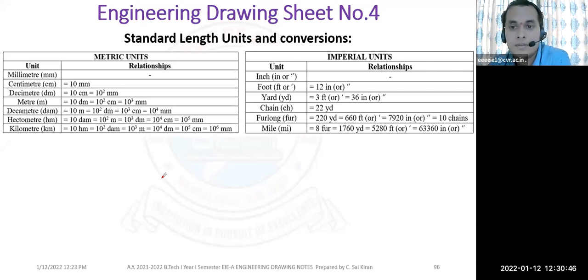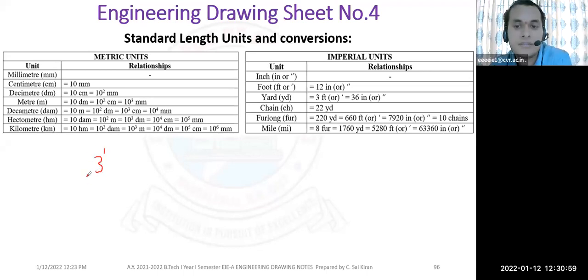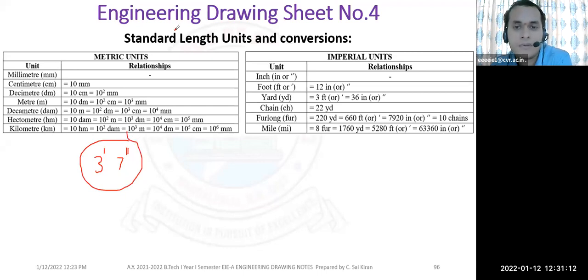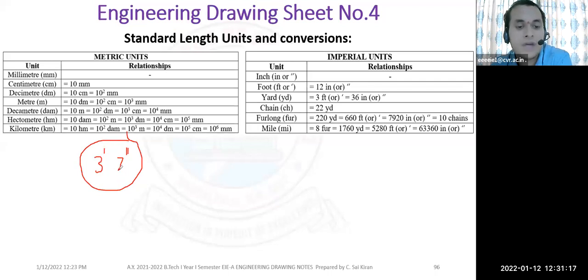One person asks, what is FT or hyphen? Generally, whenever we are measuring the units, I can write 3 with this symbol. It means that it is 3 feet. Whenever I want to represent 3 feet 7 inches, I'll write 3 feet and 7 inches with these symbols. These are the symbols we follow for writing and representing values, just as we write 3 centimeters and 7 mm.